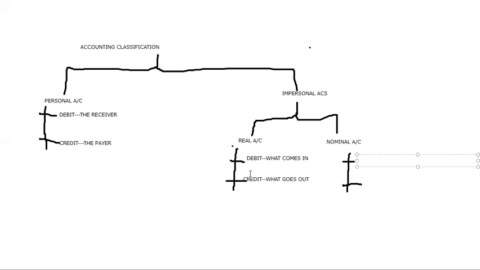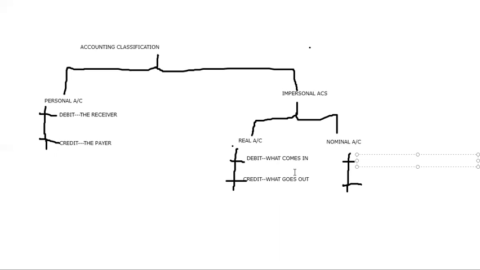Those cannot be categorized as real, because what comes in is something really coming in right now. But whatever I talked about yesterday is about to come. So the losses or profits I'm talking about have not actually come to my hand. It's still on the way. That is the reason I cannot categorize them into this part.